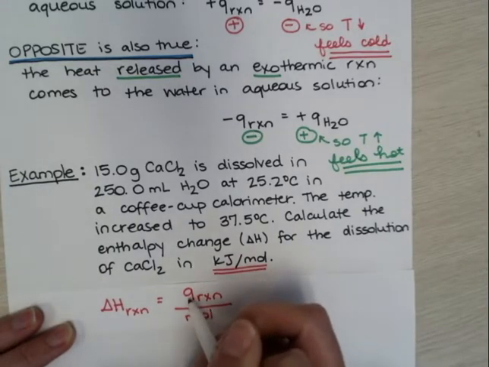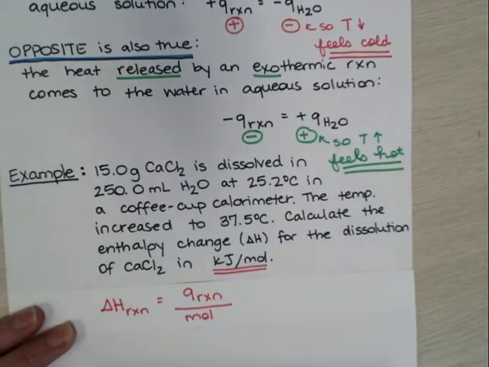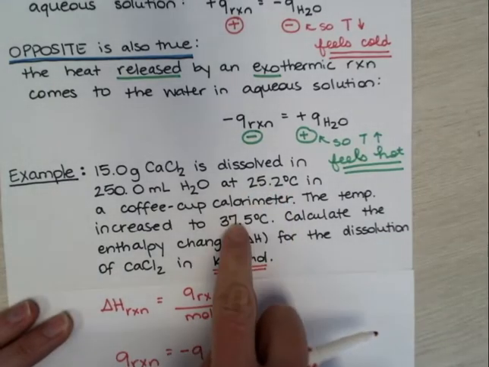That's where this kilojoules per mole is going to come from. But that Q of the reaction is going to equal the opposite sign, negative Q, of the water that we're actually measuring the temperature of.